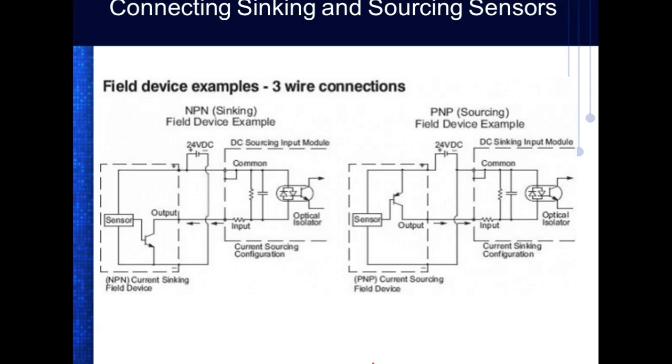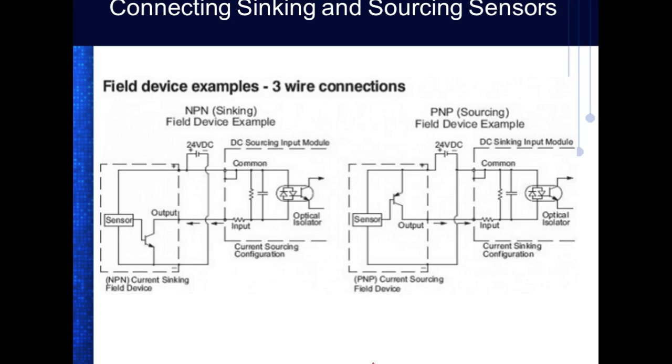This is an example of hooking up sensors. So this is an NPN sensor. So this is what? Sinking, right? Here both of them use a watt. So this guy right here, here's positive.